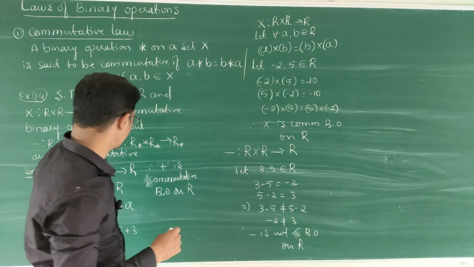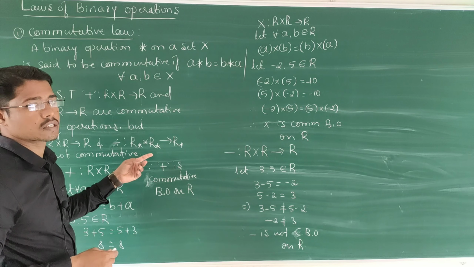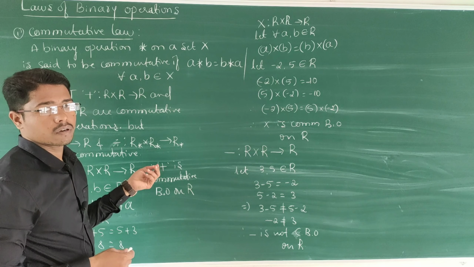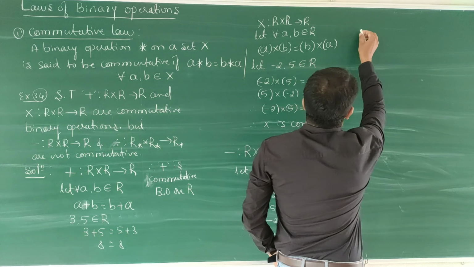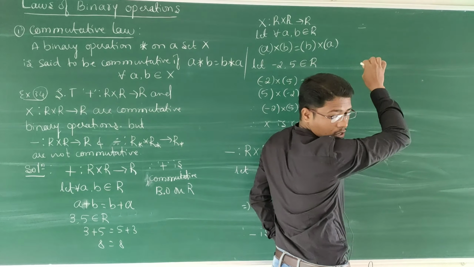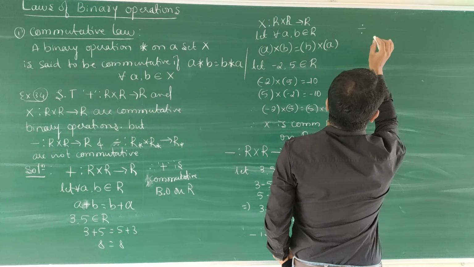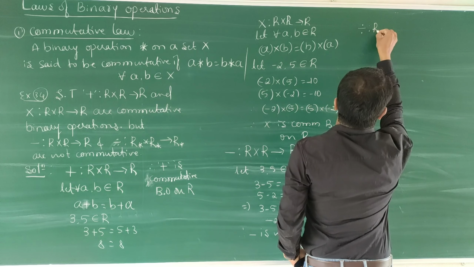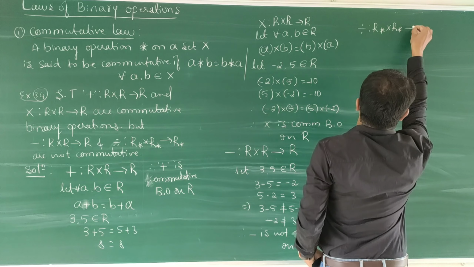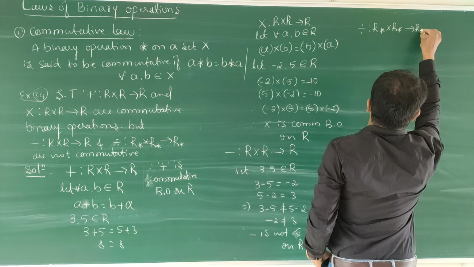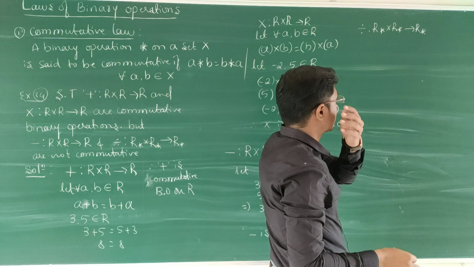One more is division on R star. R star means the set of non-zero real numbers. Division from R star cross R star to R star. Consider two numbers.